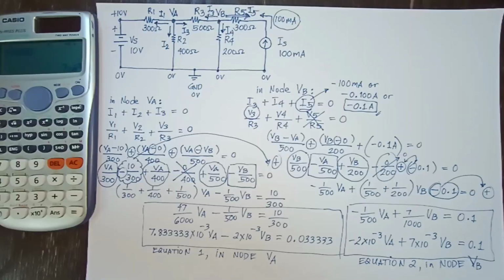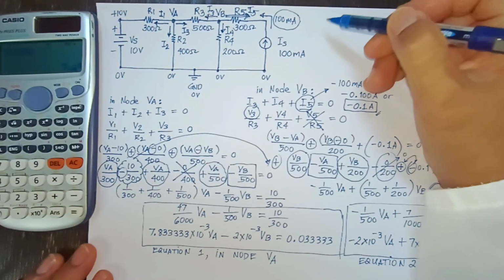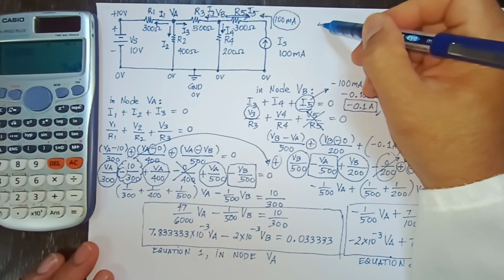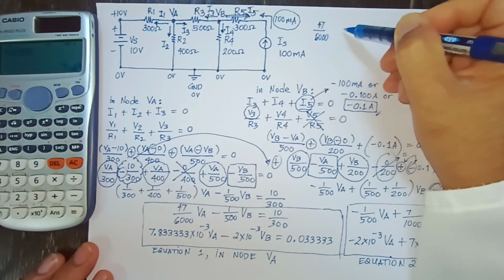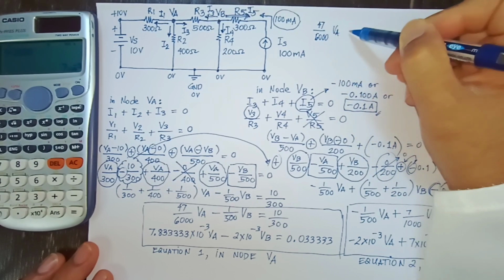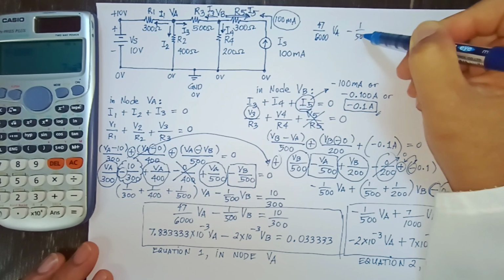Now that we got the two equations, we may write them again at the top part of the paper to make it easier for us to understand. Let's just use the fractional part because it's better for me to use it in the calculation.